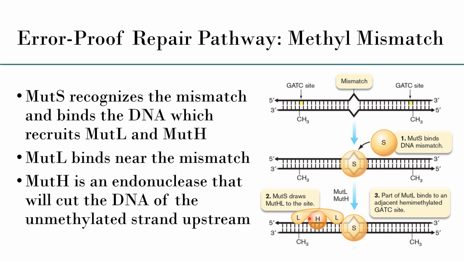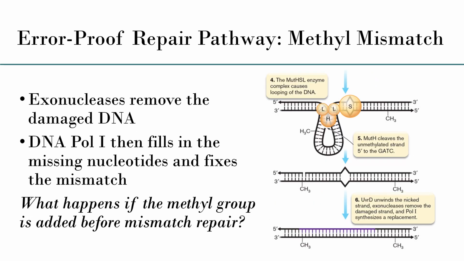So MutL is the guide, MutH is going to do the work, and its work is that of an endonuclease. These are enzymes that cut DNA. So it will create a cut in the unmethylated strand. So this is a single stranded break in our DNA, and it's going to be upstream of where that mismatch occurred.